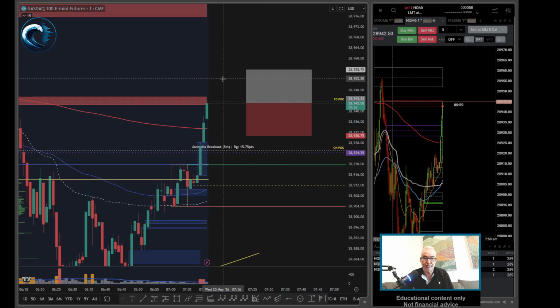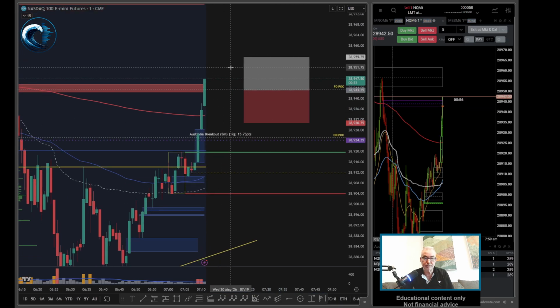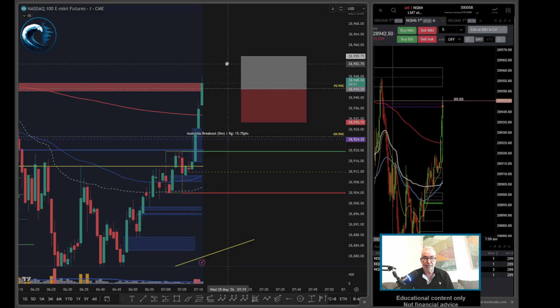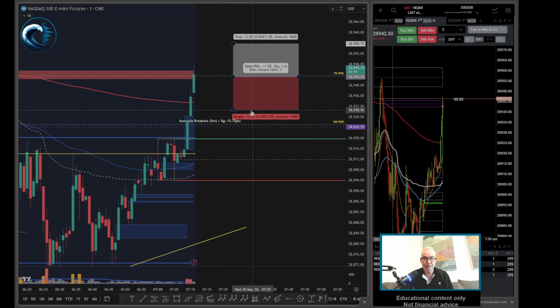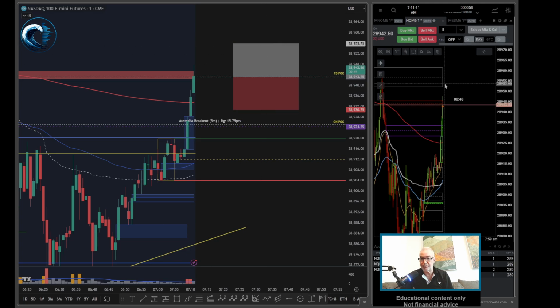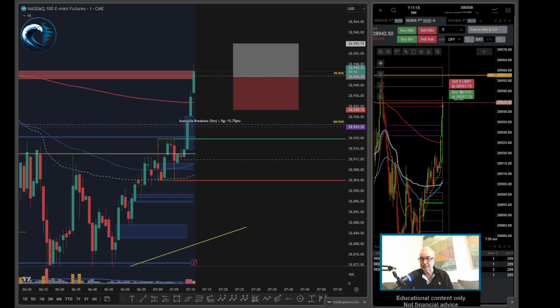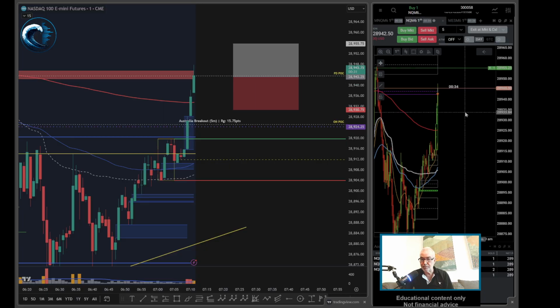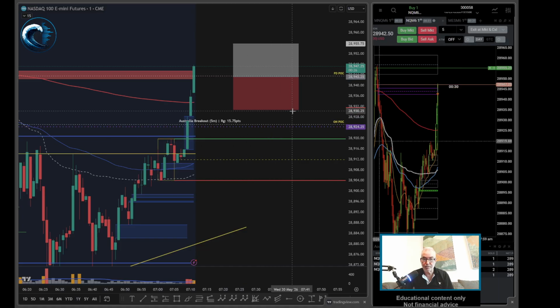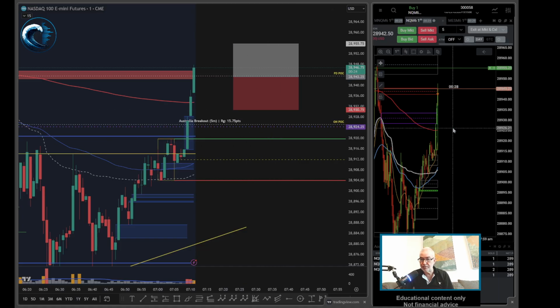Let's hopefully get tagged in. All right. That's a strong candle. Let's put my stop loss at 955. Order working. All right. If it goes to there, it goes to there. And I will put my 930.